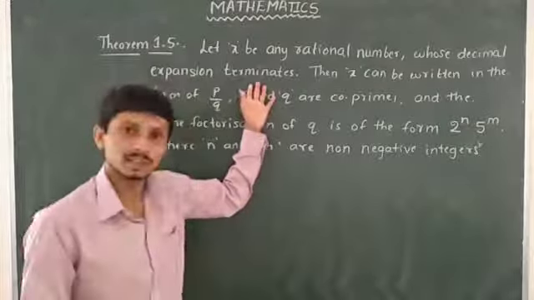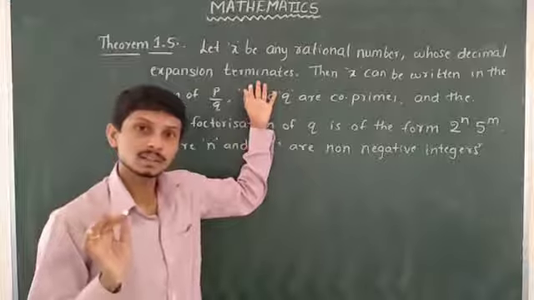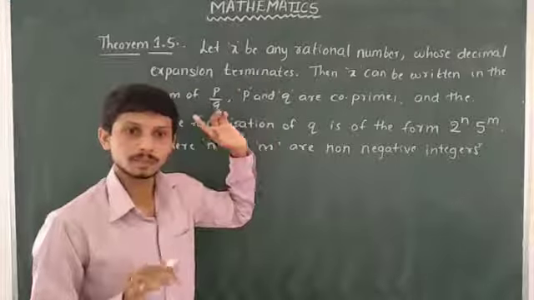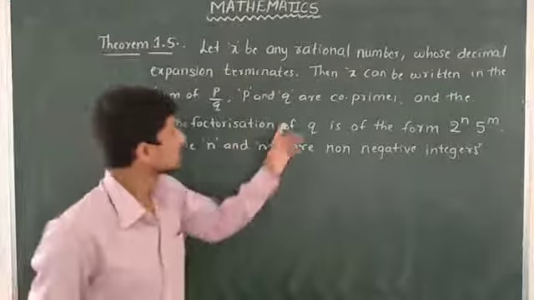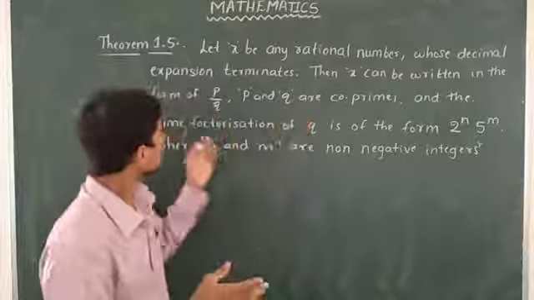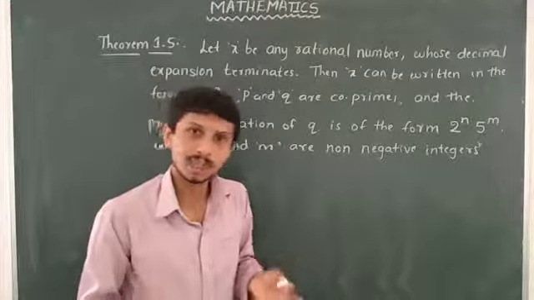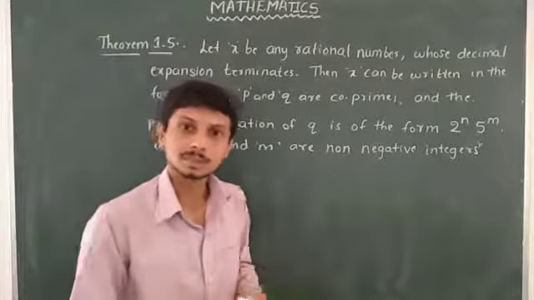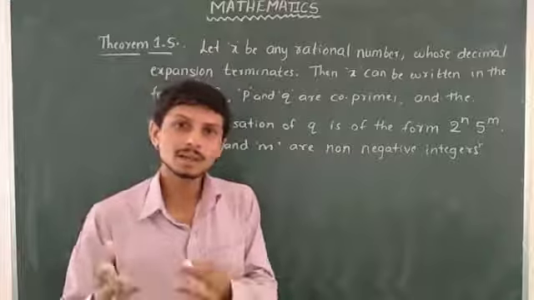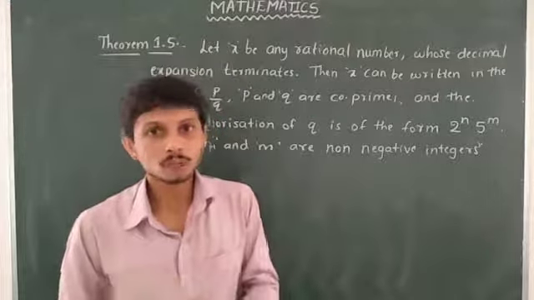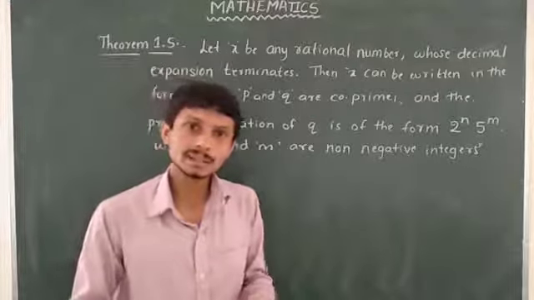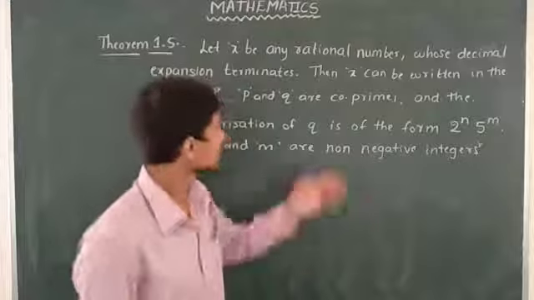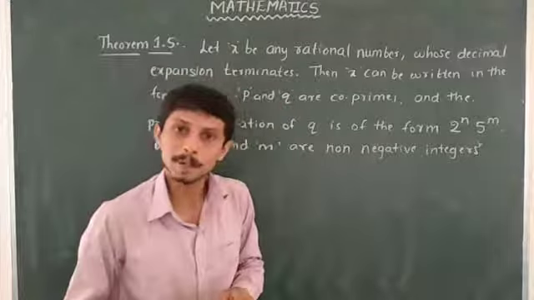We are just taking terminating decimals in this statement. Next, then x can be written in the form of p by q. So x being a rational number means it can always be expressed in the form p by q, where p and q are integers, q is not equal to 0 and HCF of p and q is equal to 1. That means p and q are co-primes.